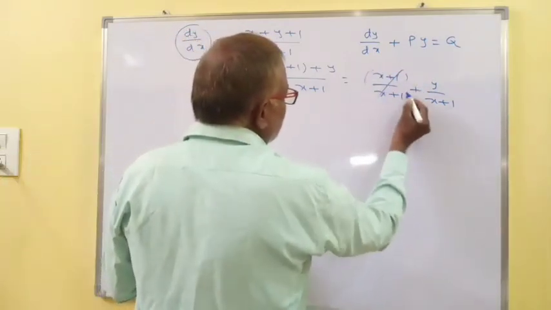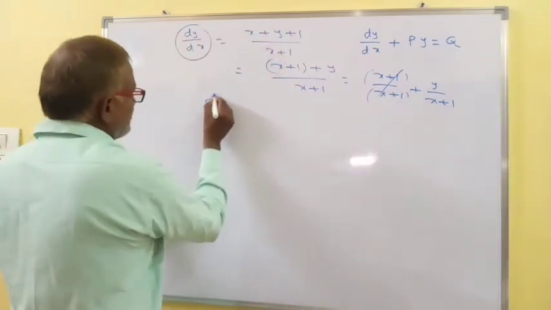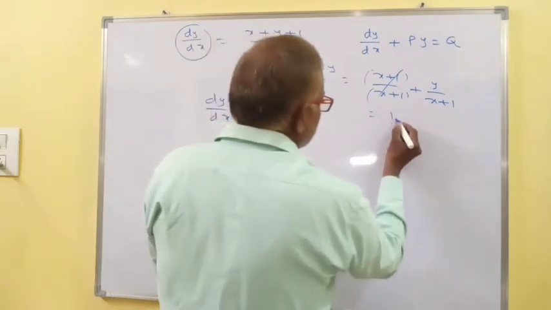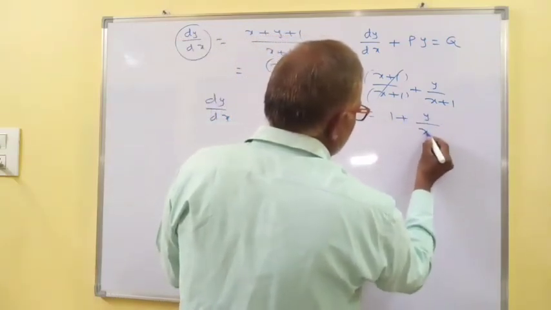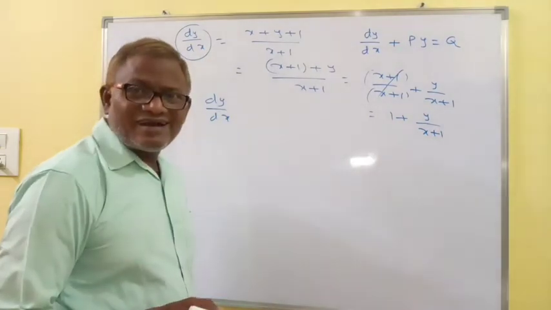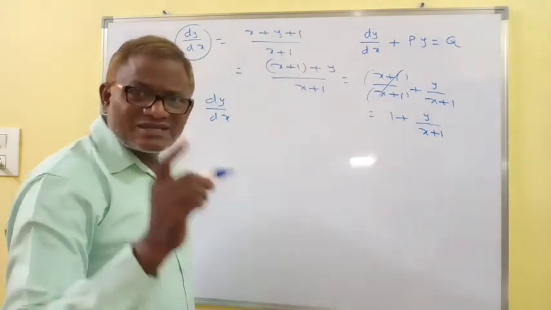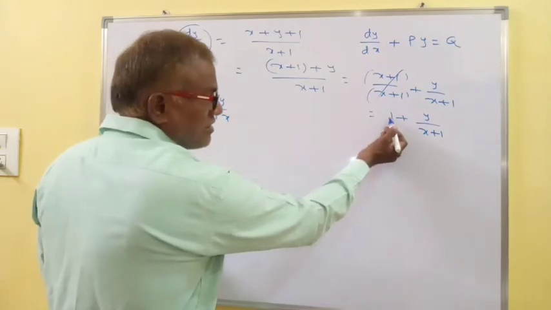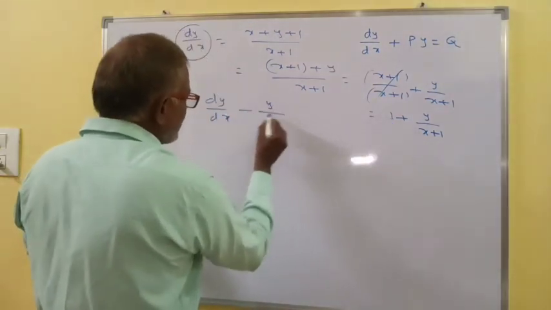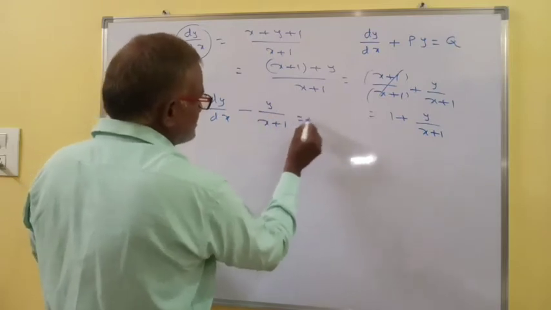So finally dy by dx is 1 plus y by x plus 1. But in the RHS only constant terms or x terms should be there, so just keep 1 in the RHS. So this becomes dy by dx minus y by x plus 1 is equal to 1.